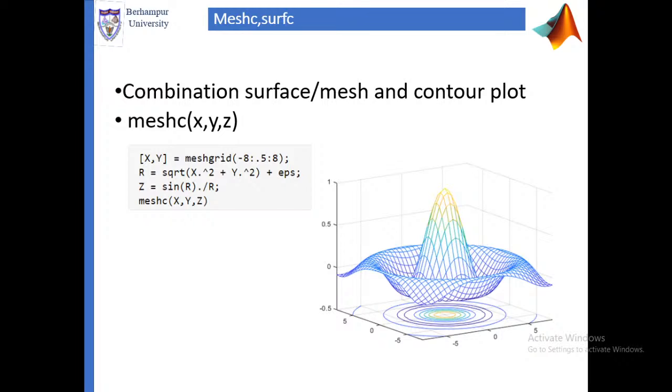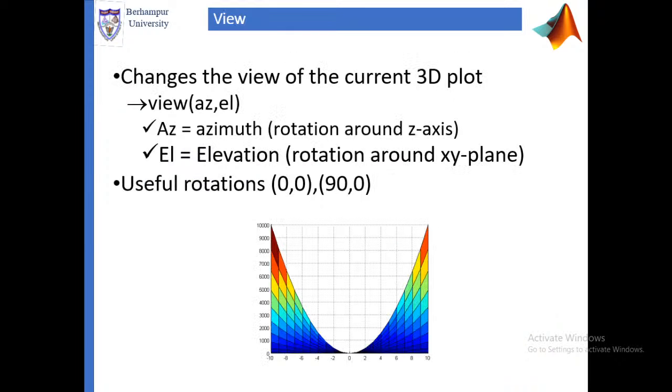If you write meshc, you will get a mesh plot, and below the mesh plot on the XY plane you will have the contours. So it's the projection of the mesh onto the XY plane. You will see both the mesh and its projection. So this is meshc. Similarly, you can use surfc. We are not showing the surfc, but you can use it.